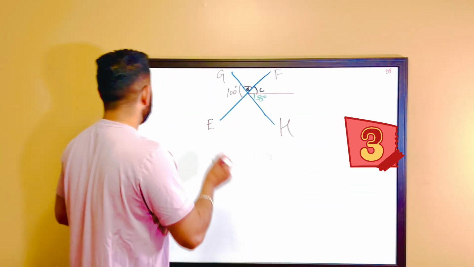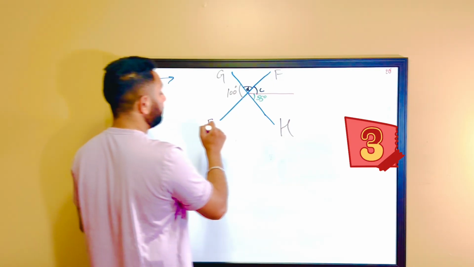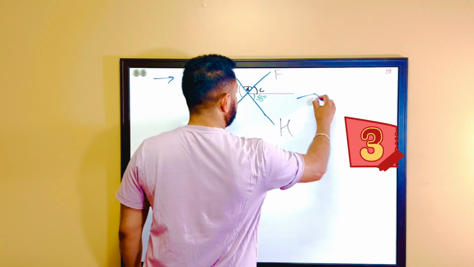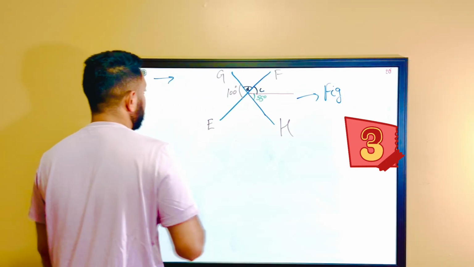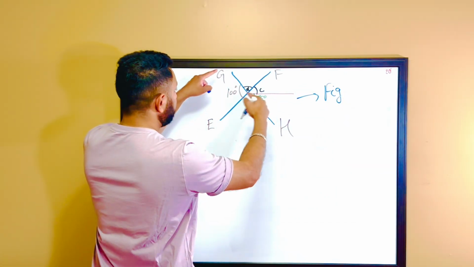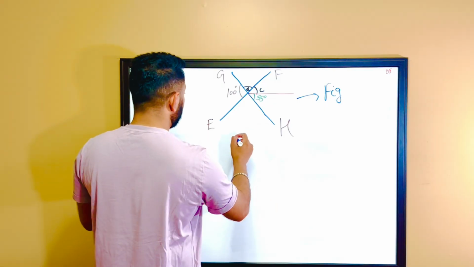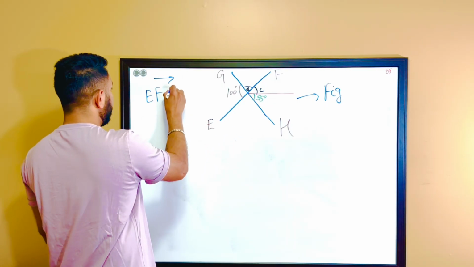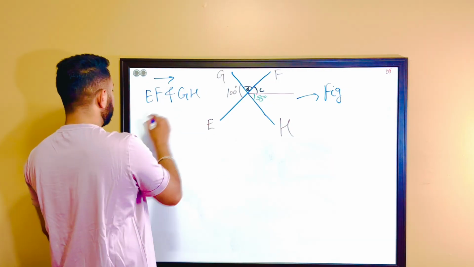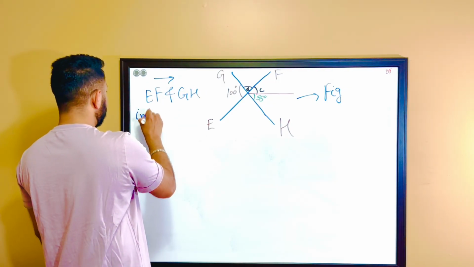So our third example is, we're given this figure, and EF and GH are the two intersecting lines.